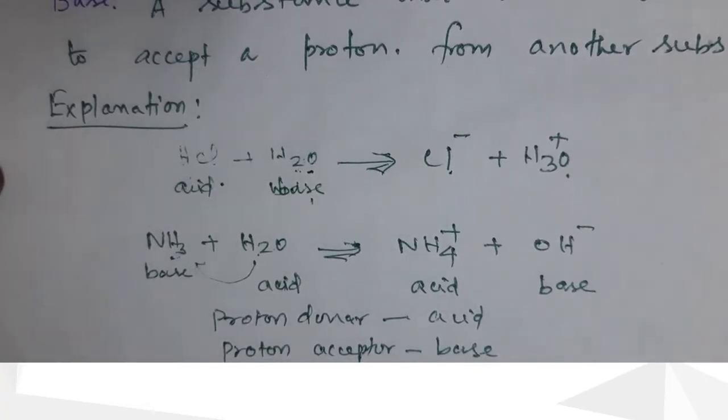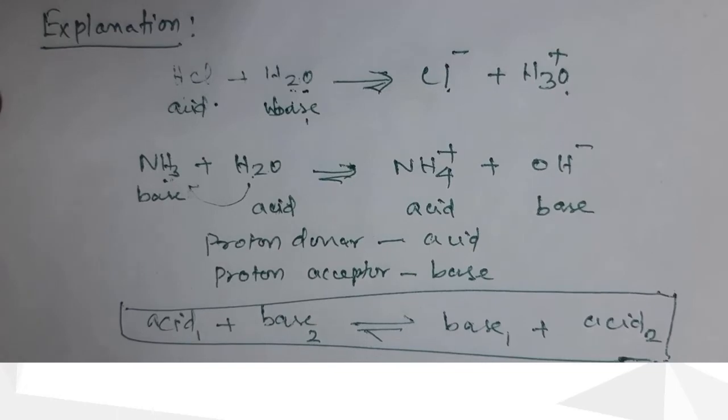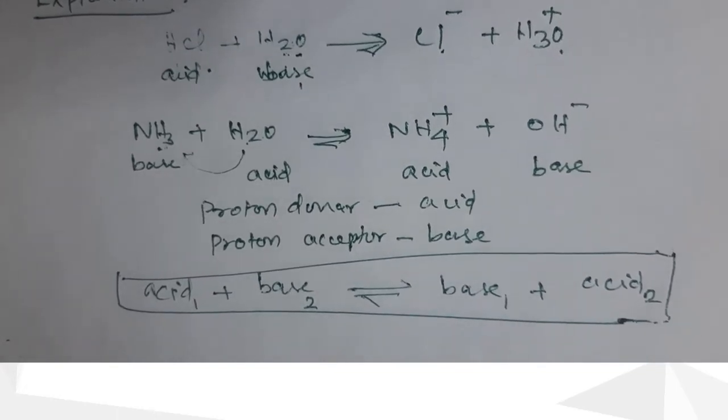For water, the conjugate acid is H3O plus. So the only difference is just H plus. And what are the limitations? Boron trifluoride and aluminum chloride do not give a proton to another substance, but they behave as acids. So this is not explained by the Lowry-Bronsted concept. So these are some limitations.